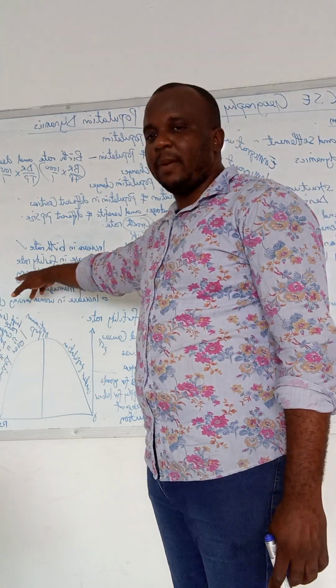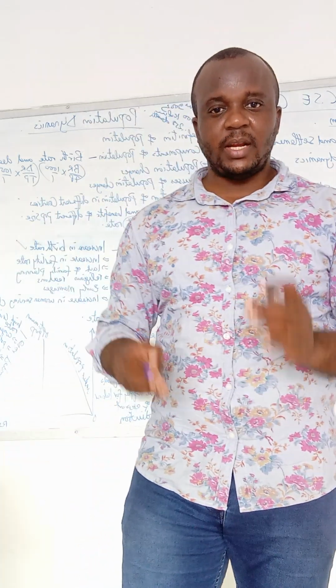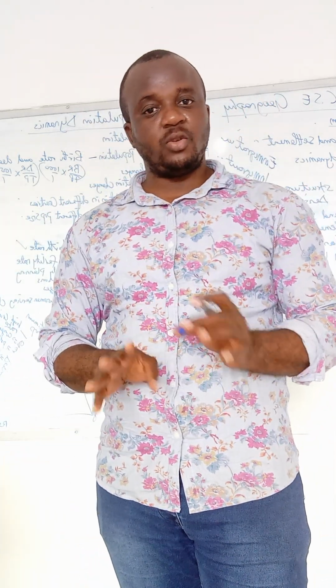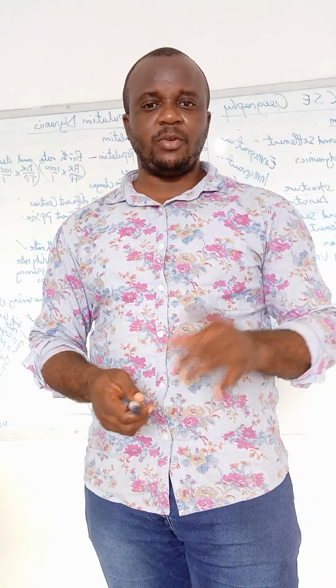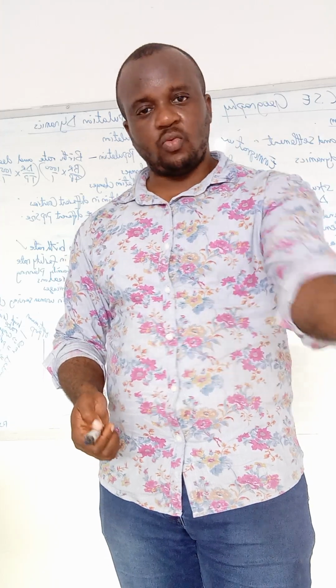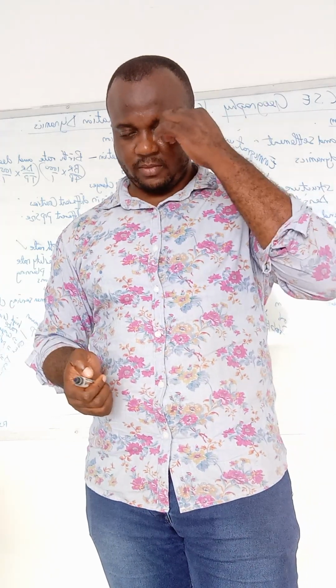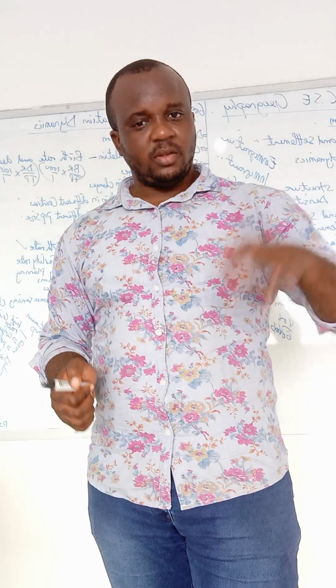Number two, lack of family planning. You know, this one is very normal, especially in less developed countries. There is no family planning. What is family planning? Family planning is a system used to control the number of children given birth to for a particular family. So there is no plan. You just give birth.